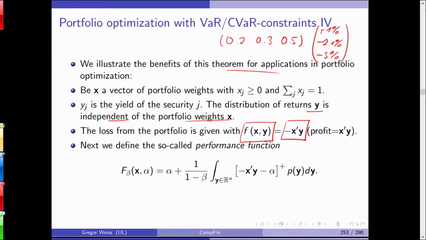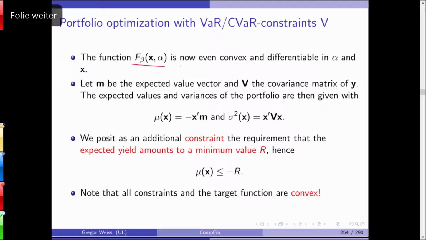Now we take the function F capital. In this case, it's a performance function. You can see that we combine this with the idea of the conditional VaR. Again, this function F is, of course, in this application also convex. It's continuously differentiable in alpha and x.